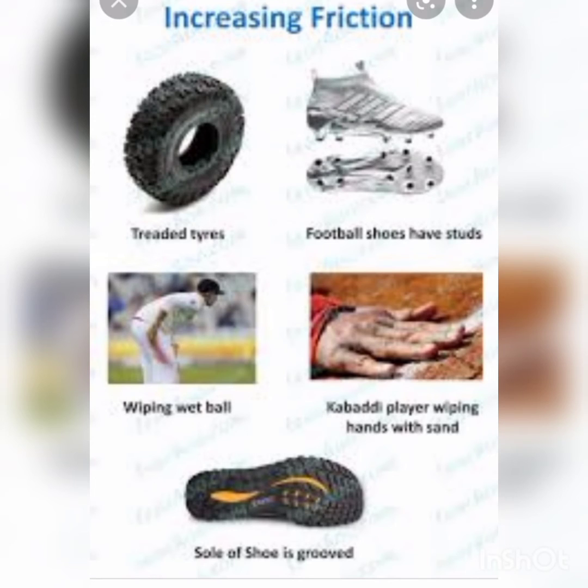The next one is increasing and decreasing friction. Friction can be increased by increasing the roughness of the surfaces in contact. For example, treaded tires are used to increase the friction. See the picture. Kabaddi players and cricket players rub their hands with mud or something, which also increases the friction.